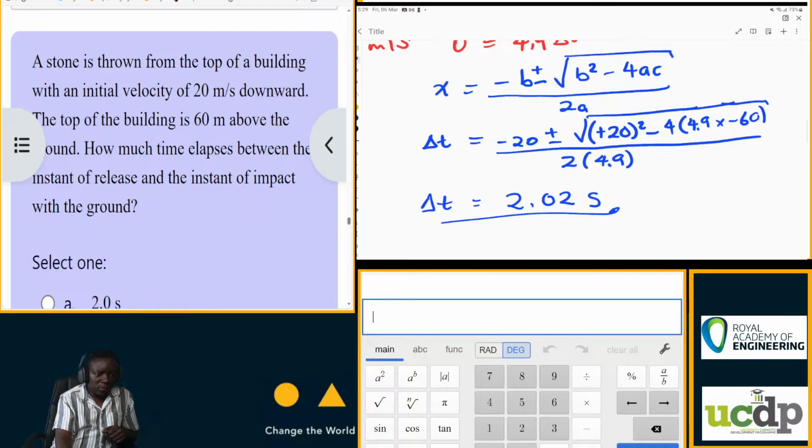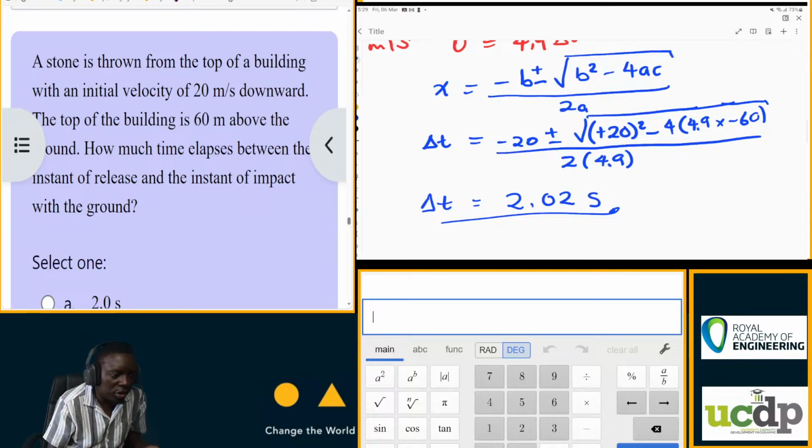Okay, I think we can move to the next question. Any question regarding this? I'm sure this is quite straightforward.